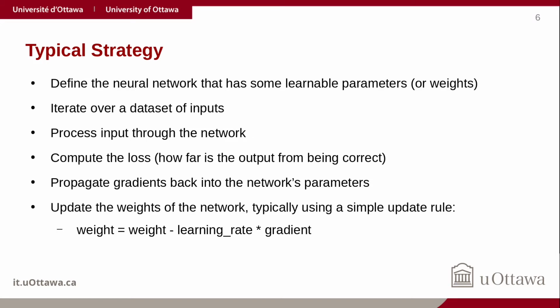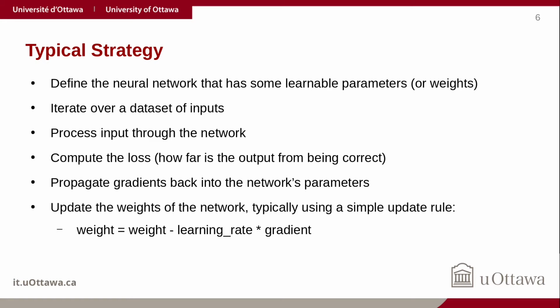The typical strategy for training your model is first you have to define a neural network, and that neural network has a lot of weights. I'll come back to that later, but essentially it is a lot of different neurons that have a certain weight with it, with how much they count. And your information propagates through all those neurons, but you have to set the weights correctly for it to produce the right output.